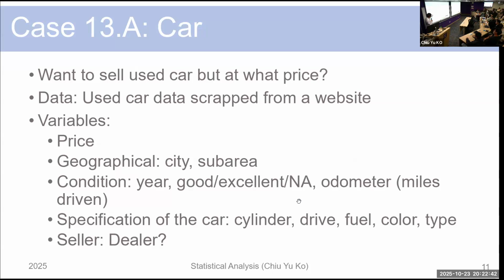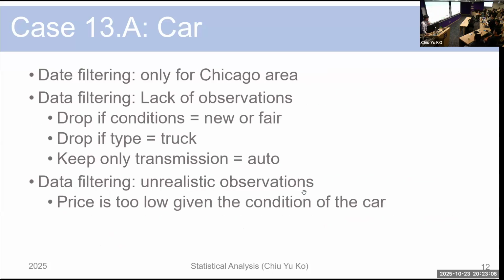And the price can depend on many things: in which area, the condition, which year the car was produced, the odometer, right? How many miles it has been driven, and what type of car you have, depending on the fuel, cylinder, color, and whether you sell through a dealer or not, right? So I like this data. It's actually interesting data. We want to look at the Chicago data, okay?